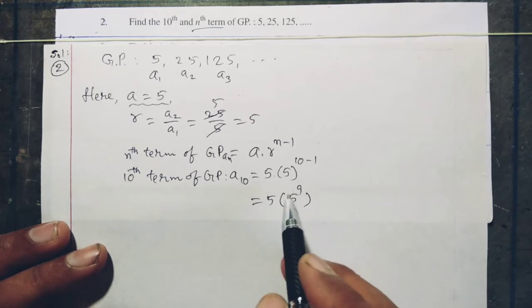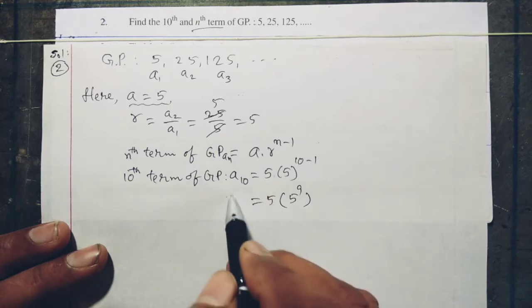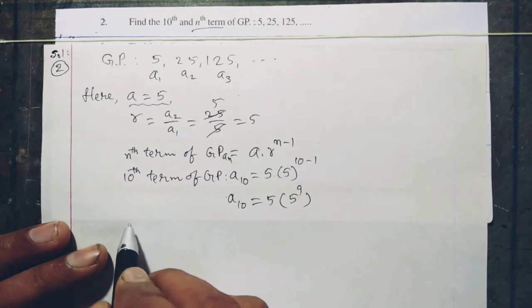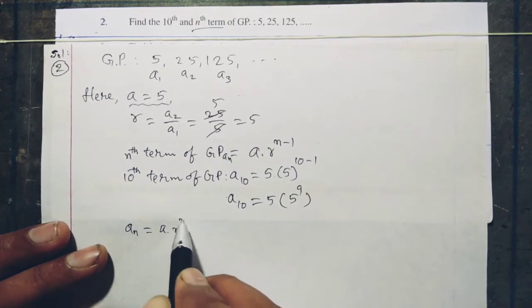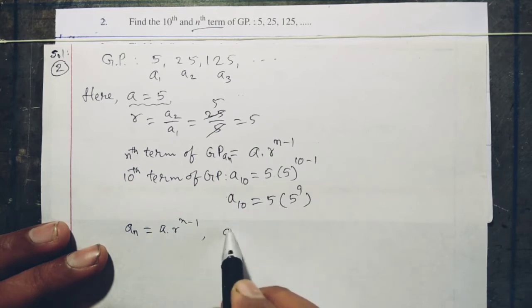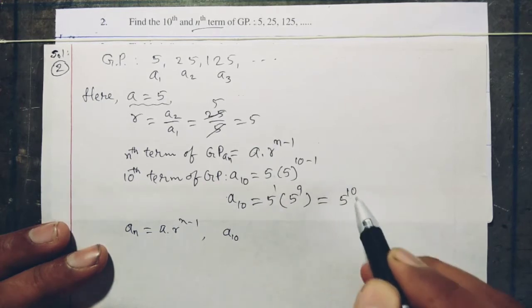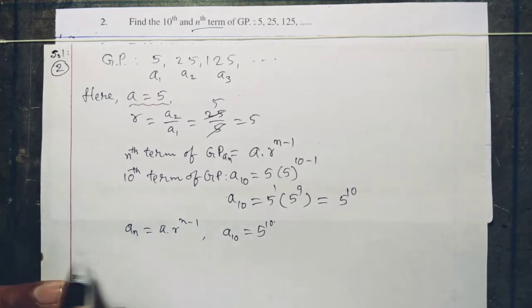So this is the answer, a10. This is the nth term. So an is equal to a r to the power of n minus 1 and 10th term a10 is equal to 5 to the power of 10. So these are two answers.